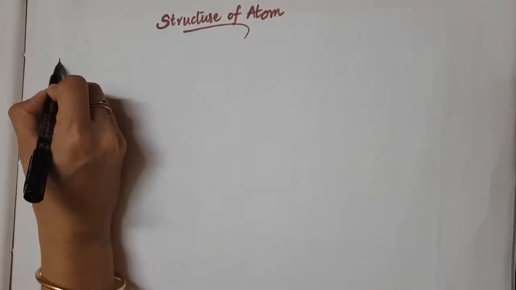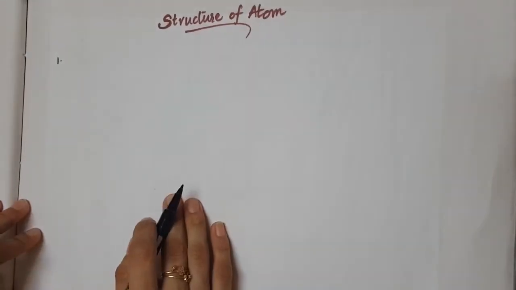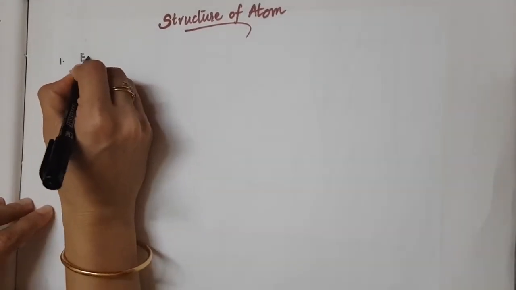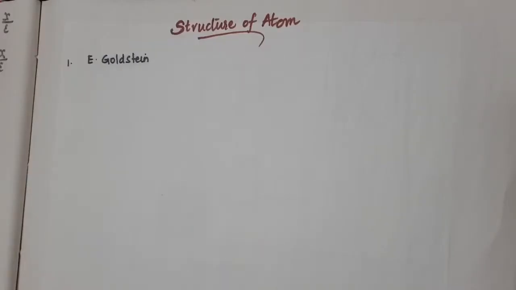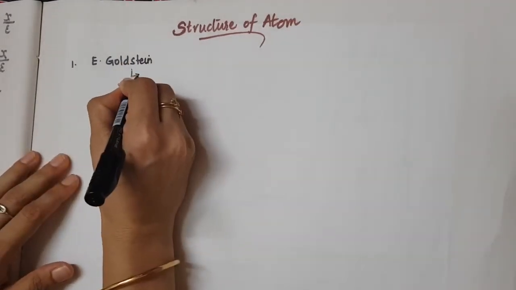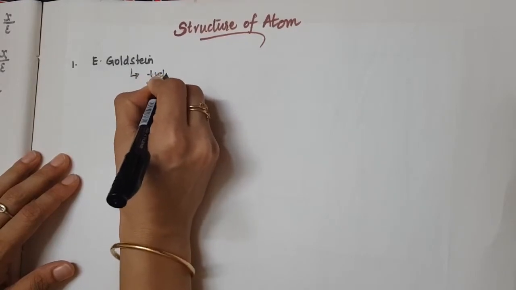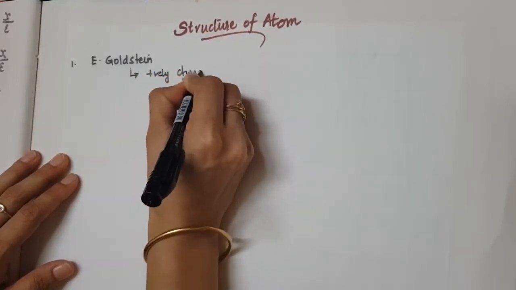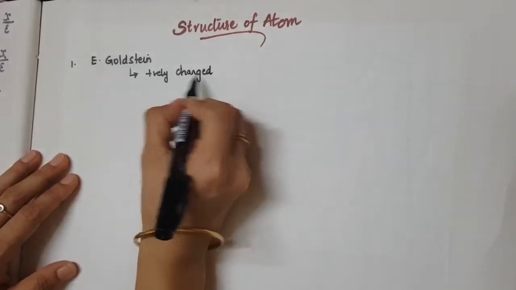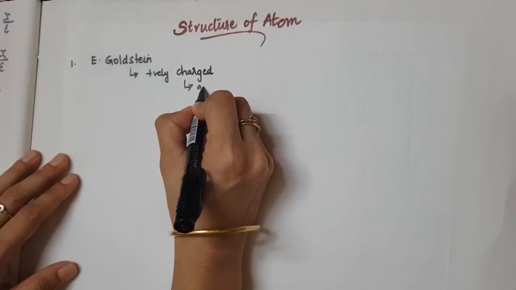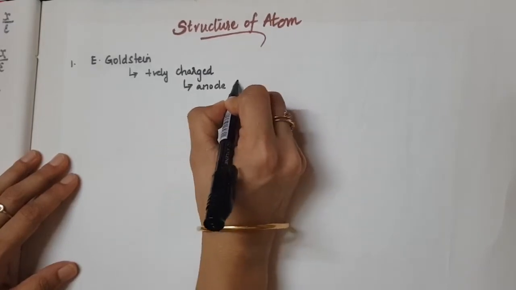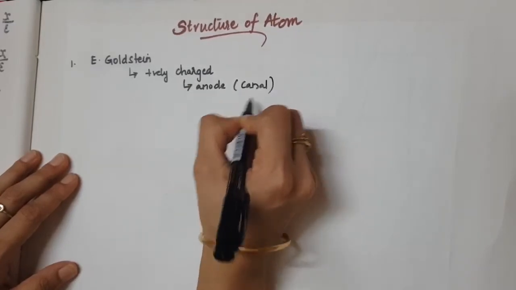First, in 1886, E. Goldstein discovered the presence of positively charged rays in a gas discharge. He named these positively charged rays anode rays or canal rays.